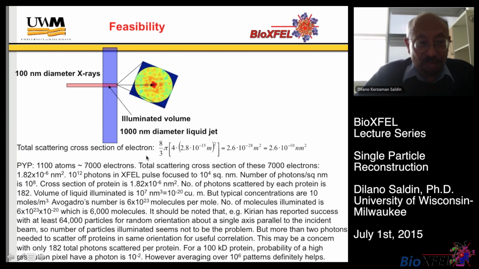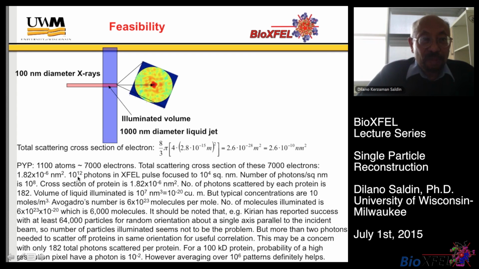Now I just want to give you some calculations. We can work out the total scattering cross-section of an electron. This is something like this. Now, if you take a small protein, such as photoactive yellow protein, which has 1100 atoms or 7,000 electrons, the total scattering cross-section will contain about 7,000 electrons, and therefore will be about 1.82 times 10 to the minus 2 square nanometers.